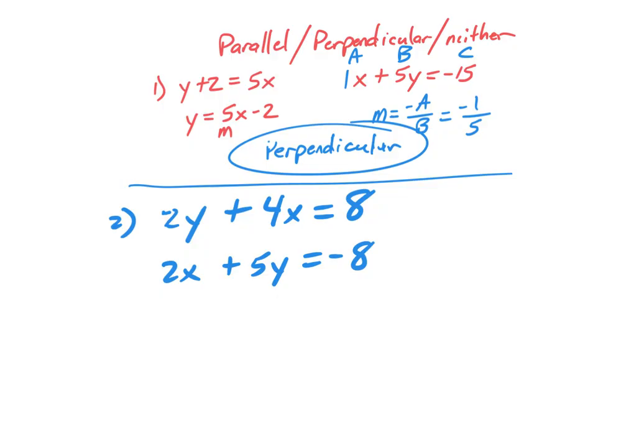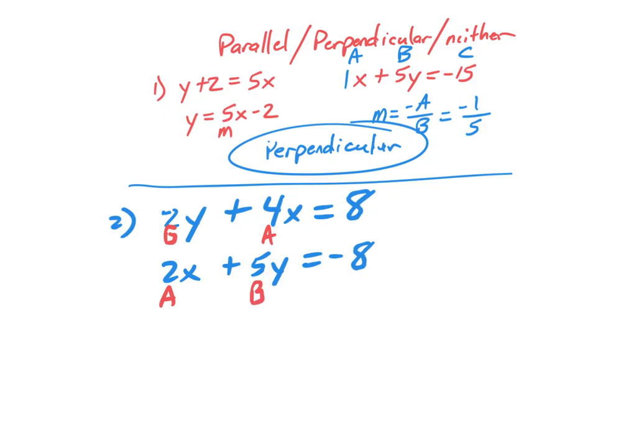What you have to pay attention to a little bit here is it looks like it's in standard form, and essentially it is, except the x's and the y's are flip-flopped, right? And so sometimes they do that just to kind of maybe throw you off a little bit, but this is my a value, this is my b value over here, and down here, this is my a value, and this is my b value.